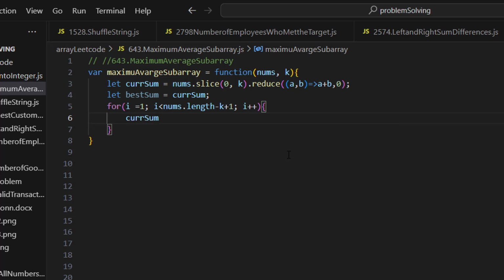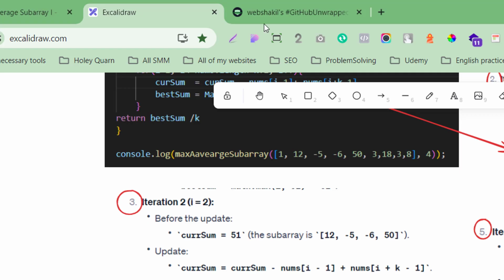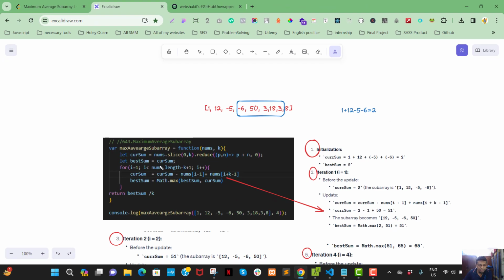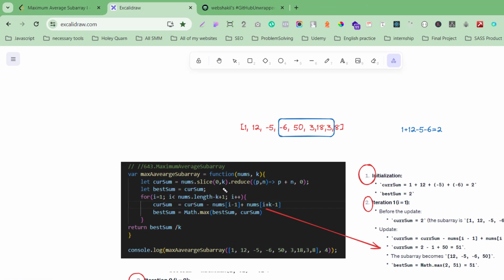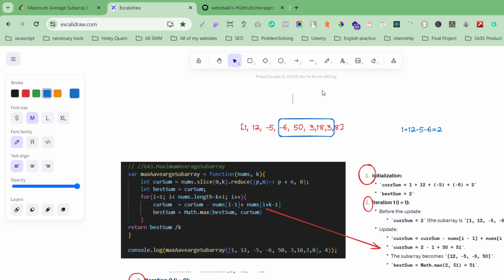So what is happening over here? Nums length, how many? 0 1 2 3 4 5 6 7 8 9.